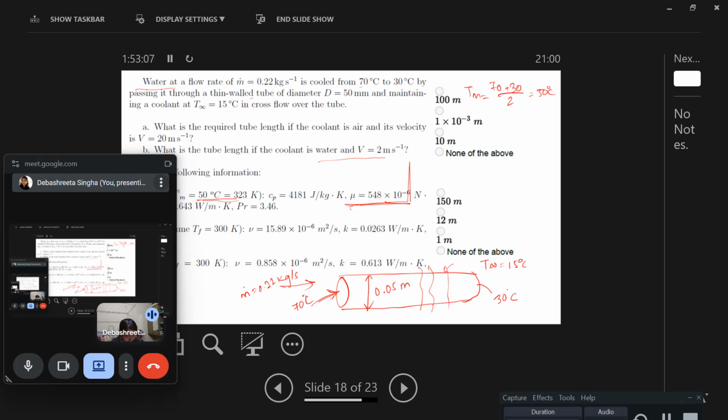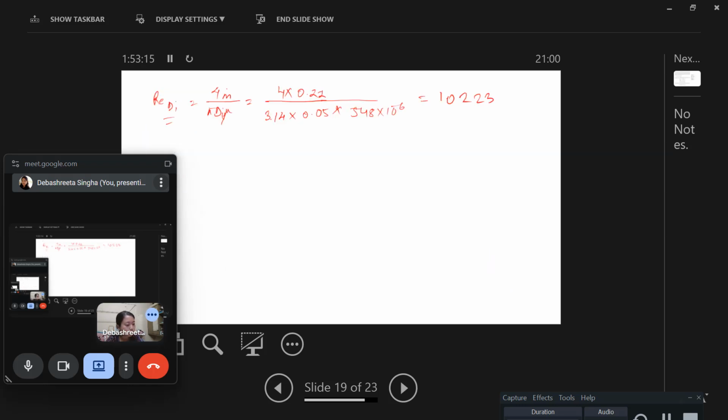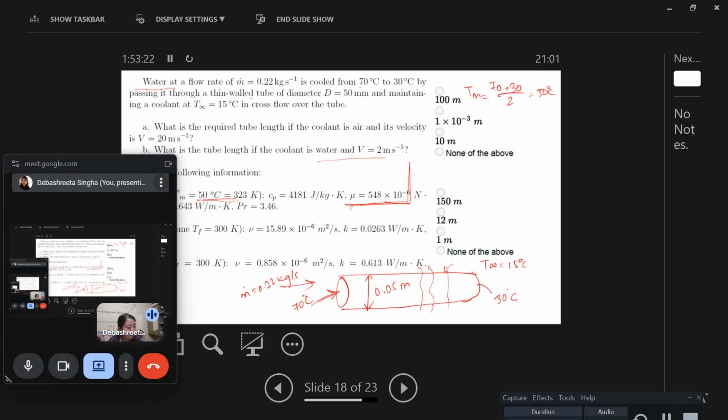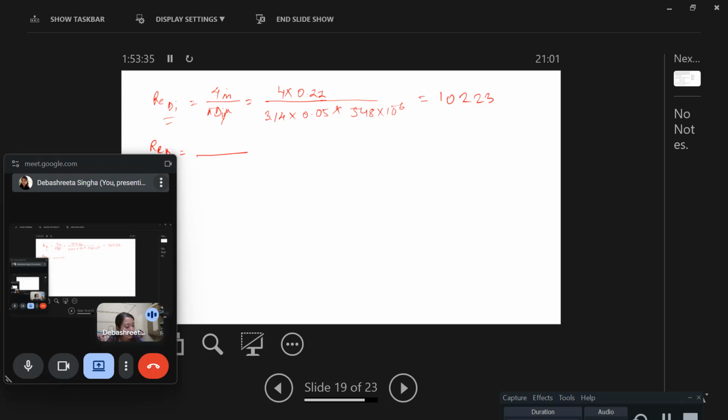And then for the outside fluid, we have to calculate Re_D. Since mass flow rate and all are not given, but the velocity is given as 20 meter per second for the coolant air, that is the outside fluid, we calculate it as V into D by nu.